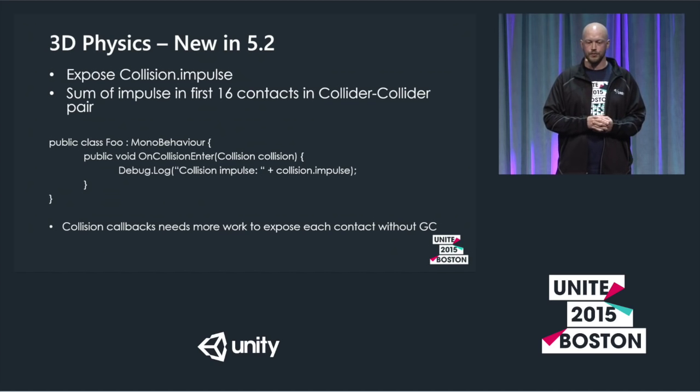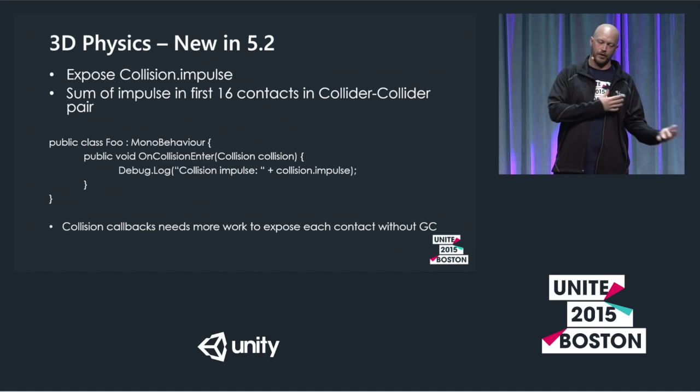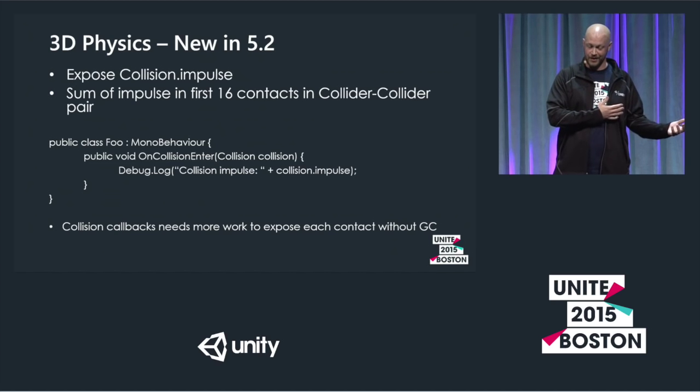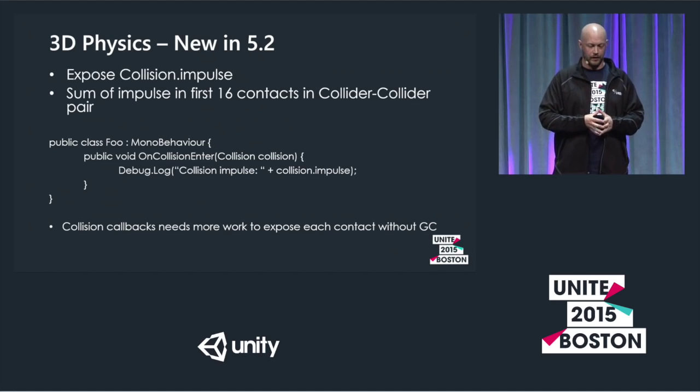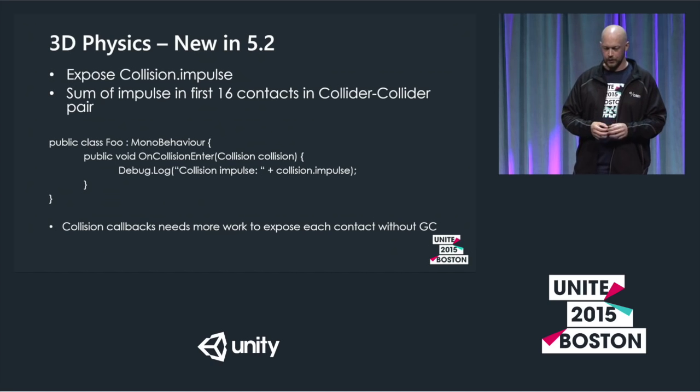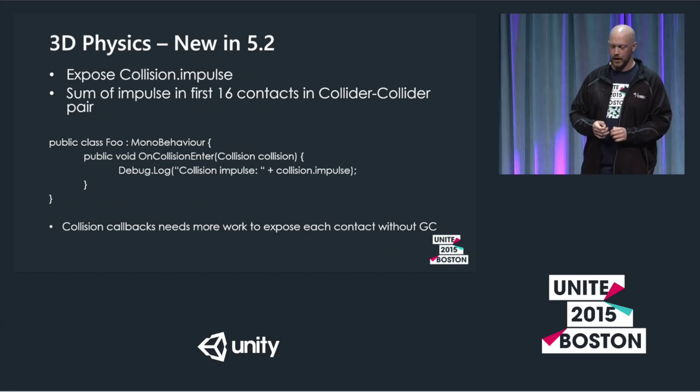We have plans to expose a user buffer API, so you can fetch the contacts out of the collision without any garbage collection overhead. I'll briefly mention that later, but I will tell you that we don't have a very specific plan for it, but it will not be in the far future.